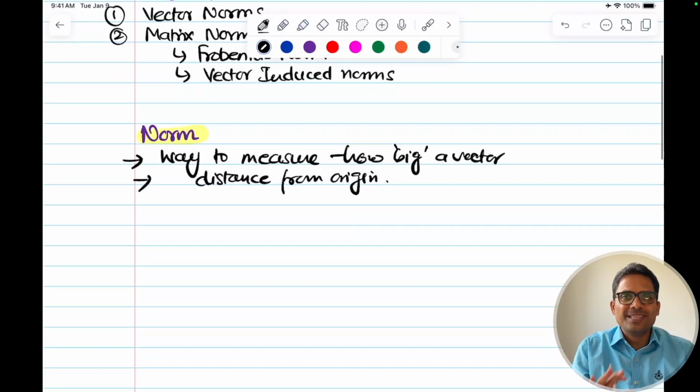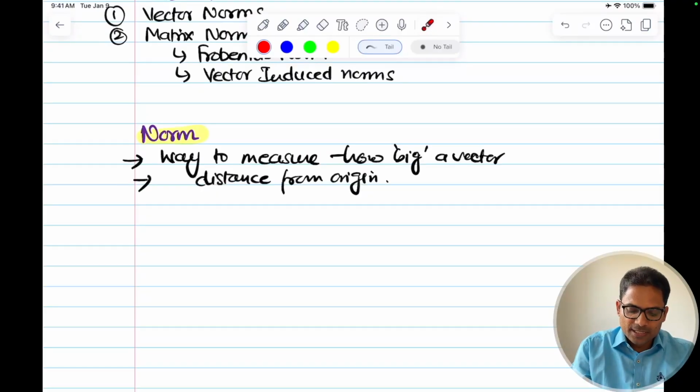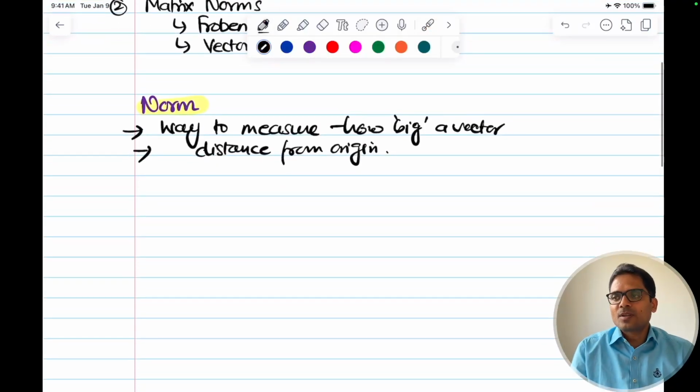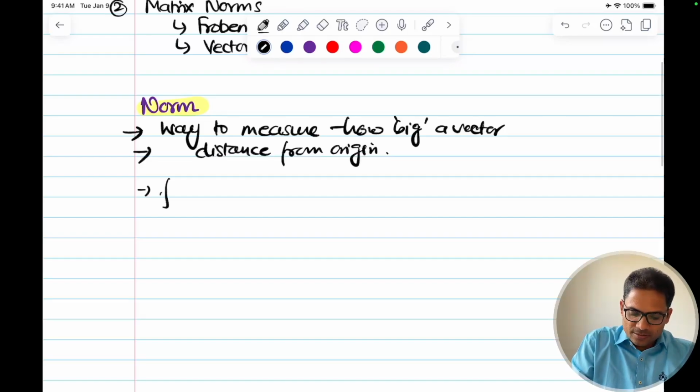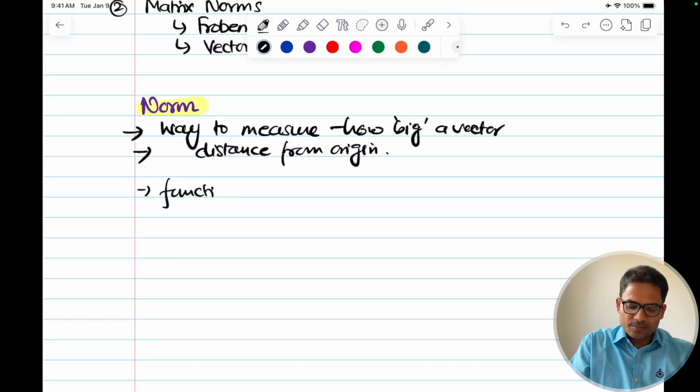So this is what it means in simple terms, and mathematically speaking, it is a function that maps an n-dimensional vector to a scalar. It's a function f that maps a vector, which is an n-dimensional vector n cross 1, to a scalar, that is a real number, that is 1.